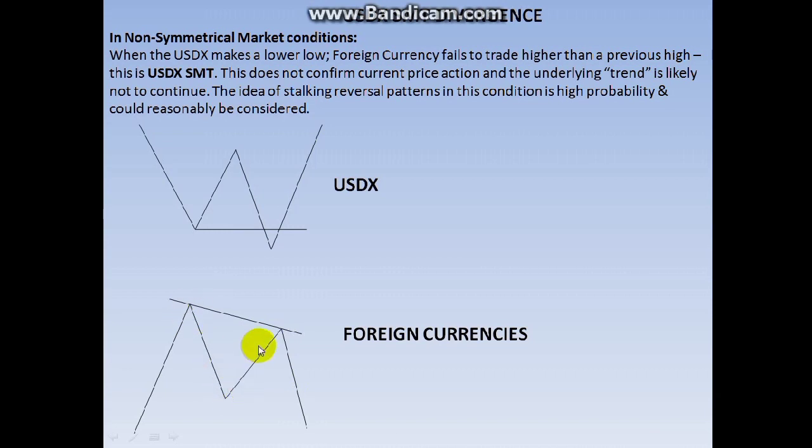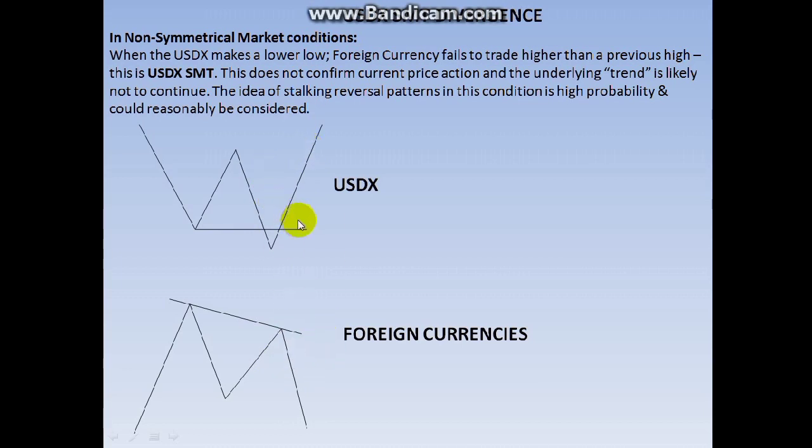So this is smart money distributing the currency, selling off these foreign currencies on weakness. Foreign currency is being heavily distributed and the dollar being heavily accumulated. So this is the dollar being bought on strength and foreign currency being distributed on weakness. Money is being moved from the foreign currencies into the dollar index.